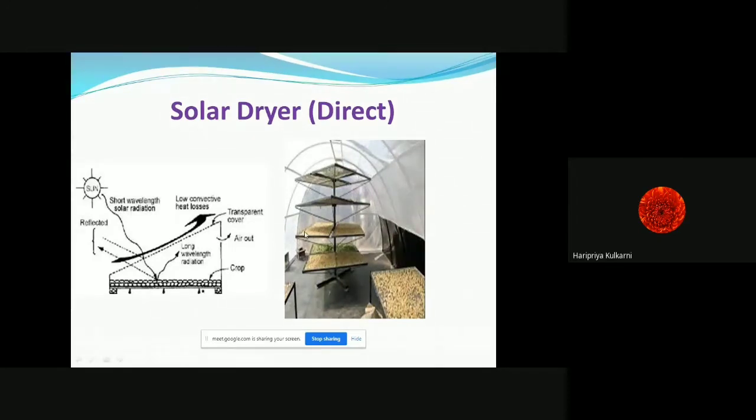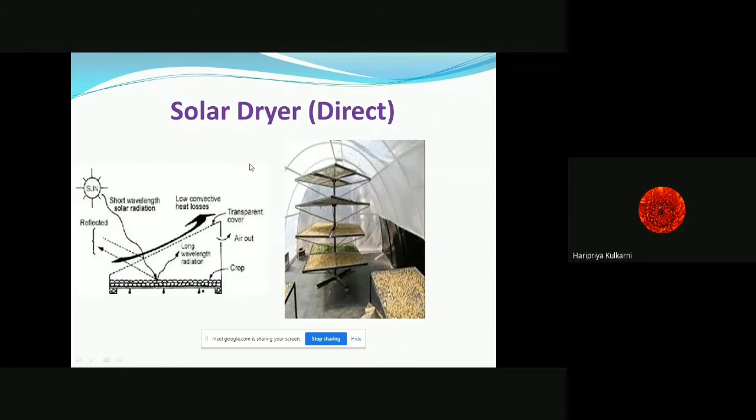Okay, I'll tell you one best example from which you can understand how direct solar drying is done. So I think most of you might have heard of or might have seen also a solar cooker, right? So what do we do? It is a box, okay? In that we place whatever we want to cook, and there is a transparent cover at the top.